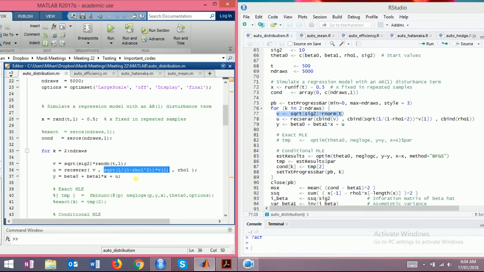So u is the recursion of v, then square root of 1 by 1 minus rho square multiplied to v1, and then rho 1, x, y naught, a, and the equation will be y naught equals a x_(t-1), something like that.